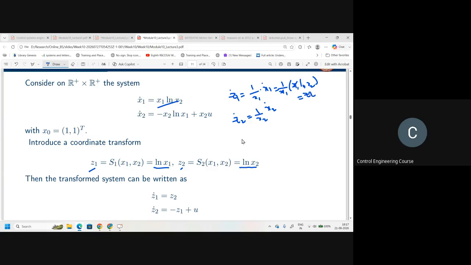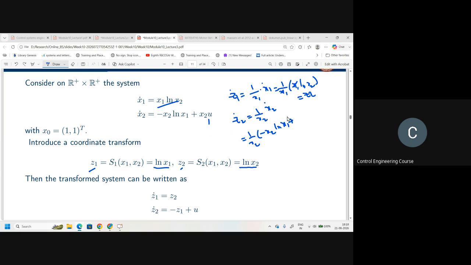Now in this case, 1 by x2 into x2 dot. x2 dot is minus x2 ln x1 plus x2 u. We are making u equal to 0 here, or you can keep it also, no issues.